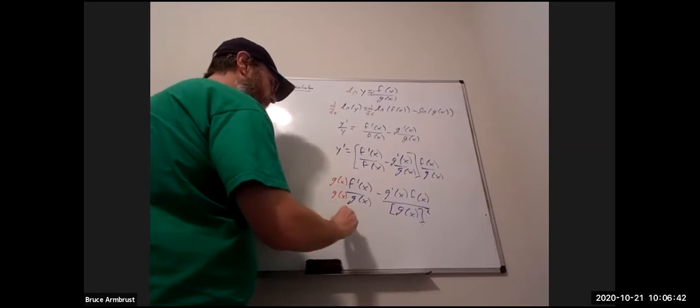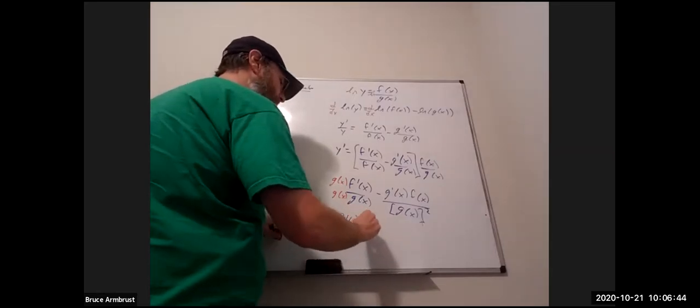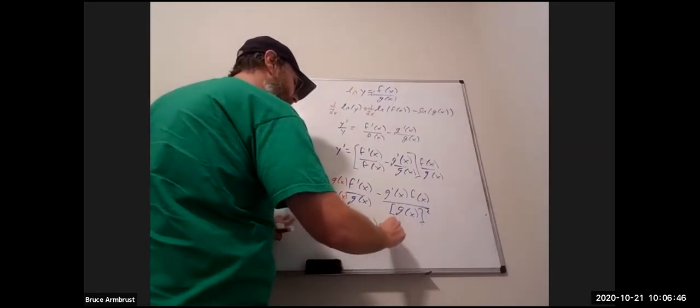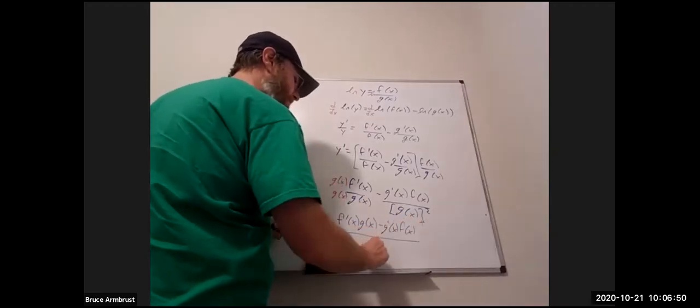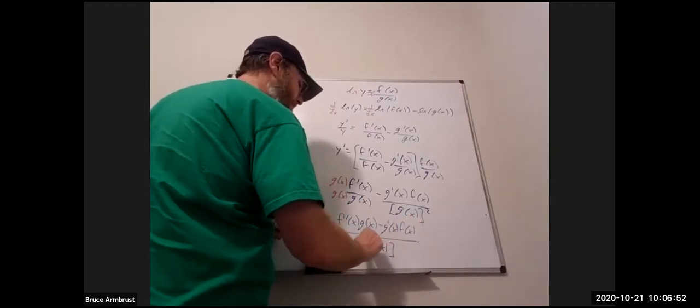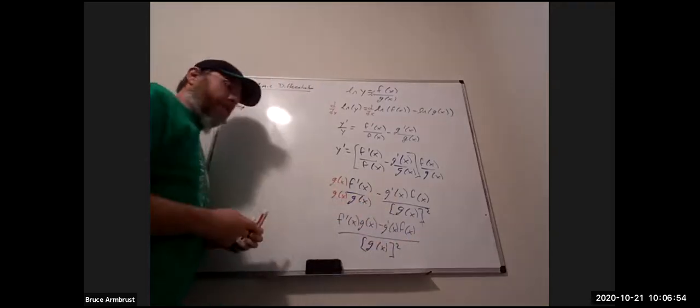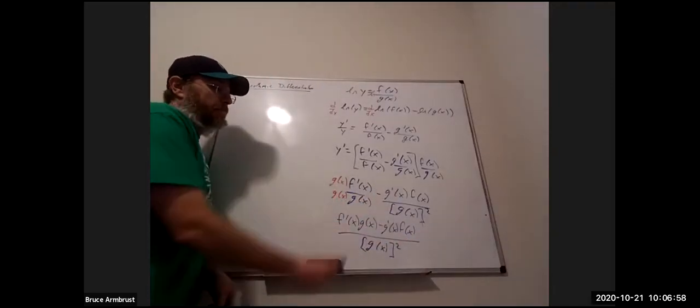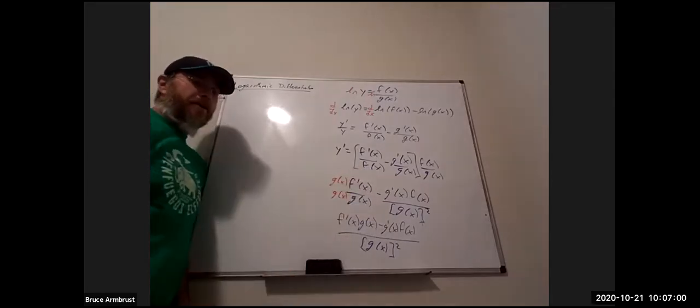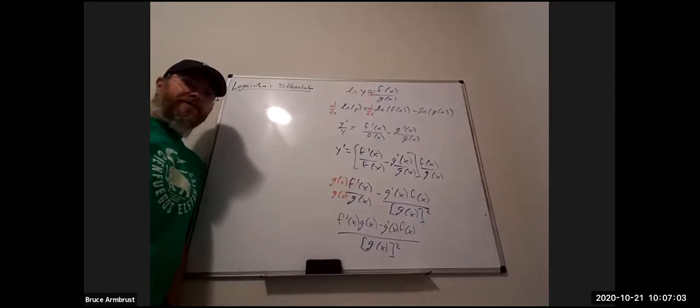So you put that all together, you get f prime times g minus g prime times f over g of x squared. So it is exactly the same thing. It's just found without having to remember that formula.